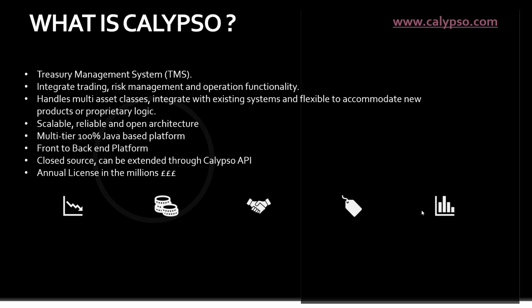Again, I said it's closed source, so the only way to extend or write custom code is through the Calypso API, which can be easy to learn, but once you get some background into Calypso and you understand the architecture and everything else, then the rest can be easy.